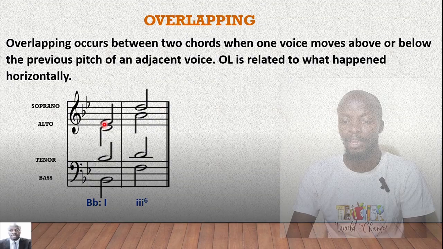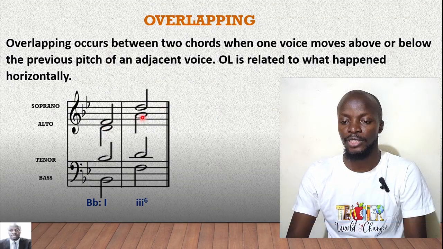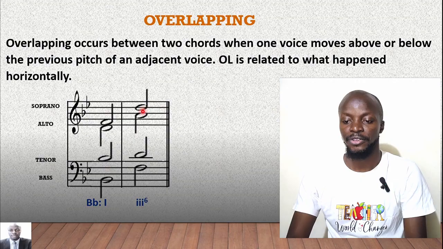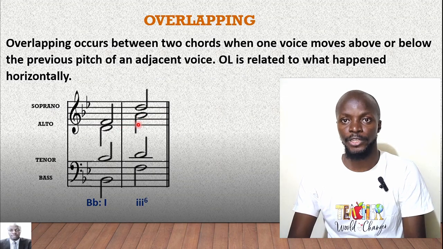Soprano is F and alto is A. Then soprano here is high up on D. So this should be avoided, right? This is totally wrong. But what happens here between tenor and bass, they are still very much okay, right? But what happens between alto and soprano in these two chords is not too good and should be avoided.